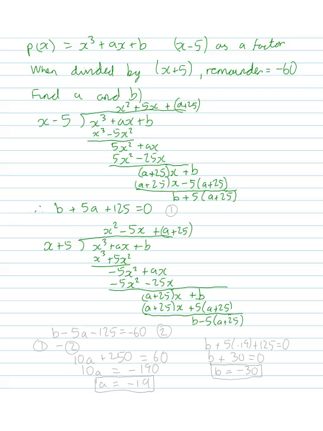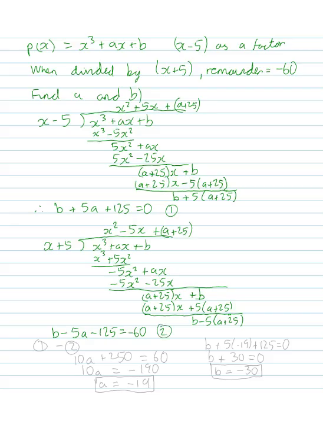But that's not equal to 0 this time, because it's equal to a remainder, and that remainder is negative 60, and that means that b minus 5a minus 125 is equal to negative 60, and we now have two simultaneous equations that we can solve together, number 1 and number 2.